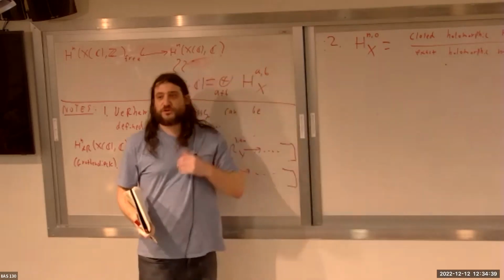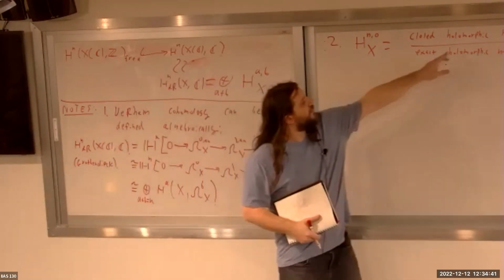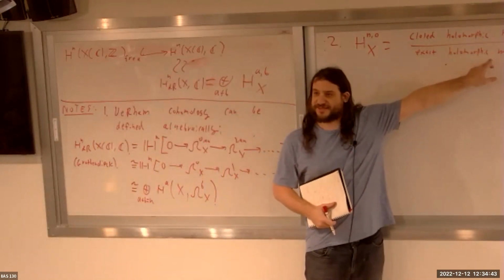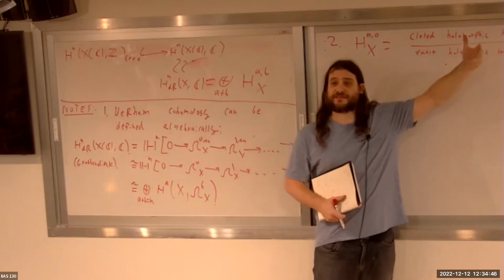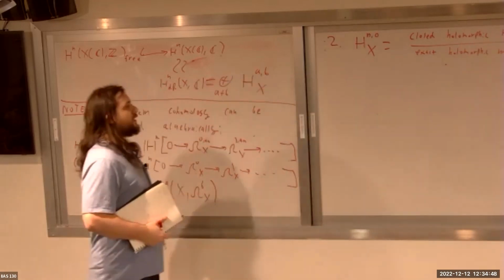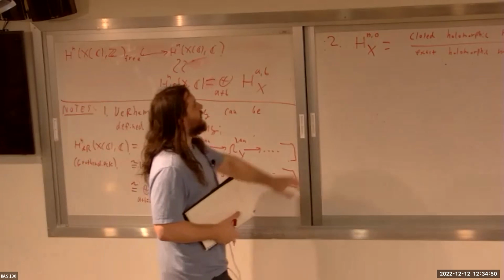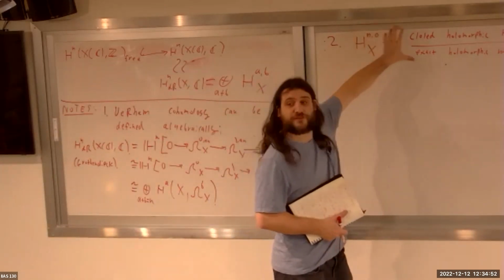And because we're in a smooth projective variety, holomorphic is the same thing as algebraic in this case. So even though we have a very transcendental tool we're working with, this little piece of it is in fact highly algebraic.